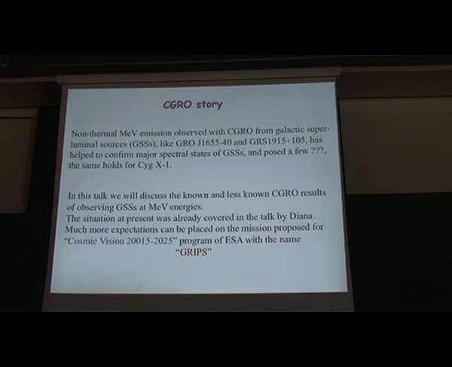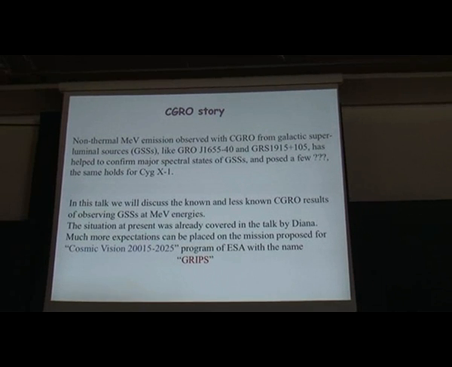I will just reiterate some of the results well known to you and the situation with the study of those superluminal objects with multi-wavelength campaigns of different kinds, which were just shown in the previous talk and the talk before the lunch.